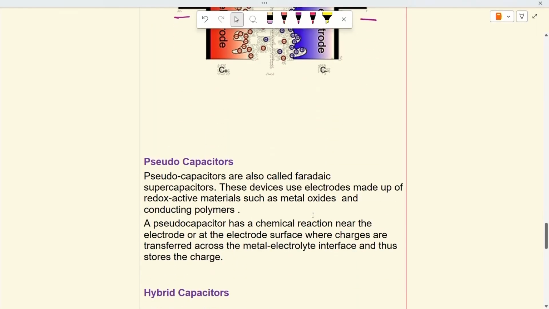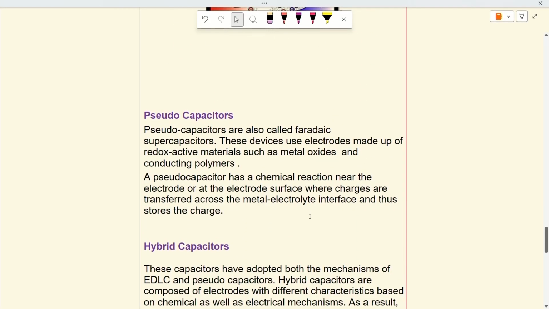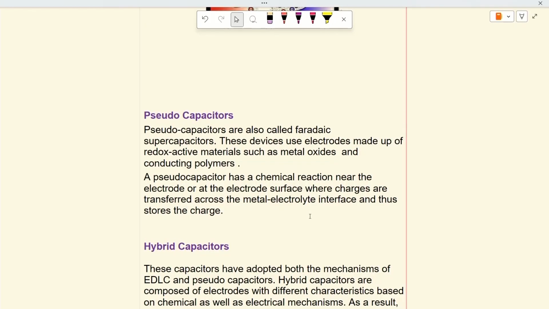double layer. Okay. Now, there is another type of capacitor known as pseudo capacitors. So far, you have been dealing with capacitors in which there is no electrochemical reaction taking place and charges are formed just due to the polarization effect.